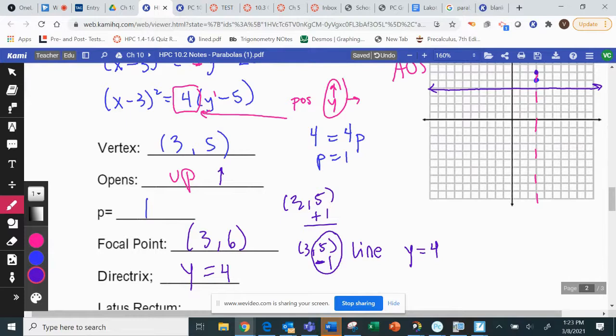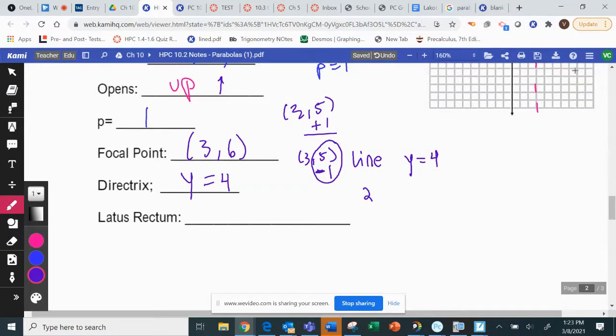The latus rectum, we do 2 times p, which is 2 times 1, which is 2. And we're going to add and subtract that to the focus. It's out from the focus. So I could graph it and just figure out those ordered pairs, but I was going to go over it with the ordered pairs as well. So our focus is at (3, 6).